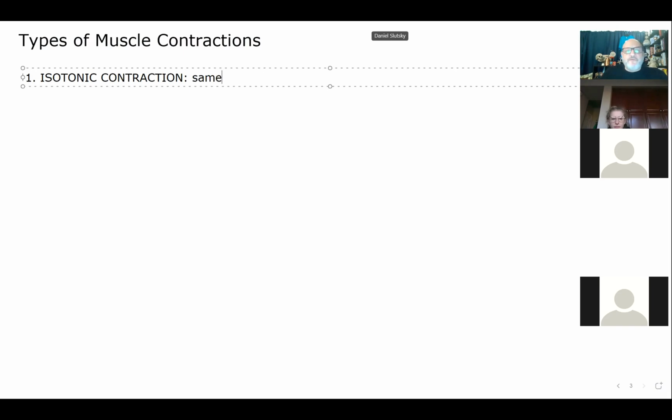And tonic refers to tone or tension. So this is a contraction where the tension that is produced in the muscle stays the same, or does not change, let's say it that way. Right. That kind of makes sense.